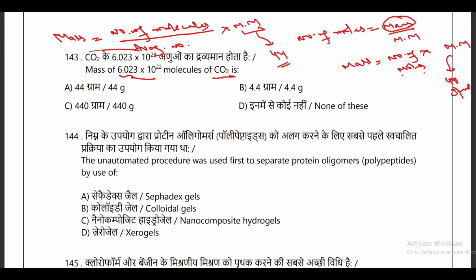The value of Avogadro number is 6.022 into 10 raised to power 23, and the number of molecules provided is 6.023 into 10 raised to power 22. Put all the values here and you will get a mass of 4.4 gram, which is in option B. So option B is your correct answer in this question.